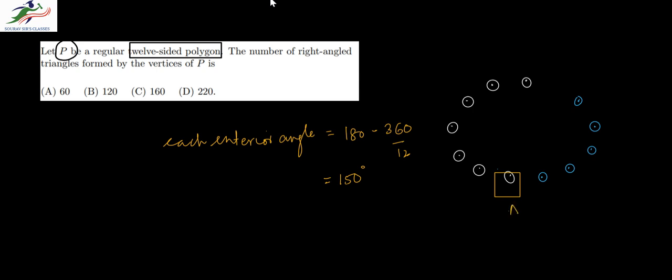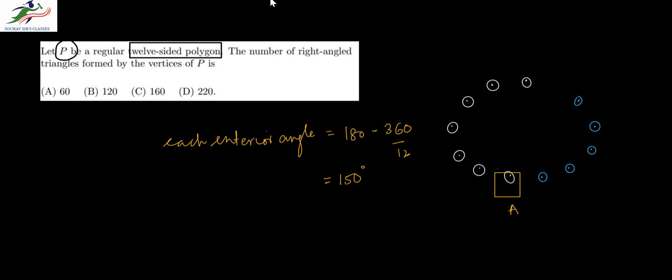So let us name this point A, which would be our basis. All we are trying to do is find out how many right angle triangles are possible through one vertex, and then we'll multiply that number with 12.